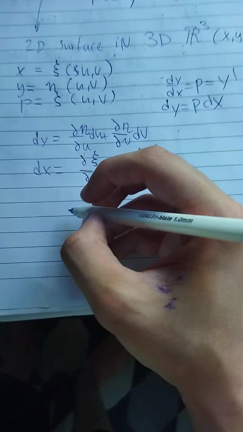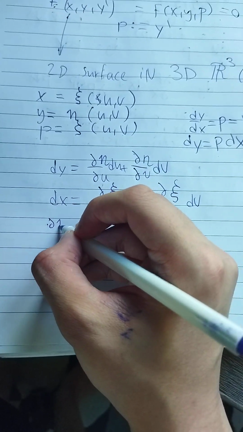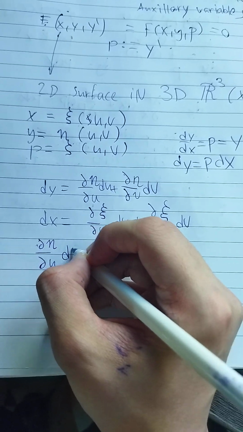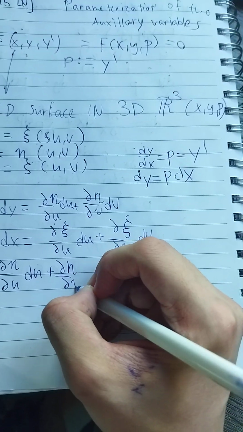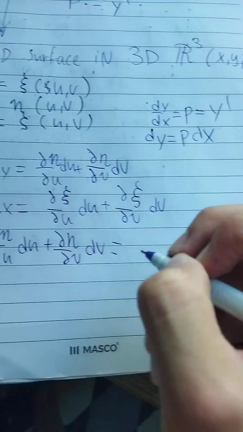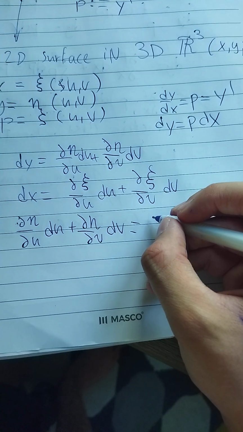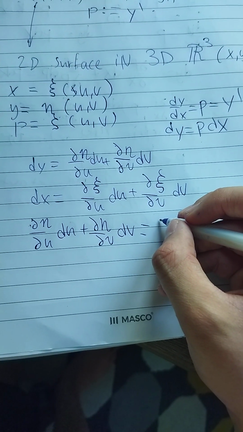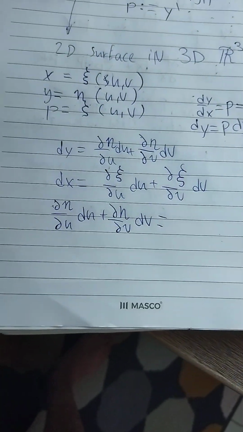So now we find the relation. We write that dy, we substitute for it, d eta over du plus d eta over dv equals p, wait, hold on, what is that called again?